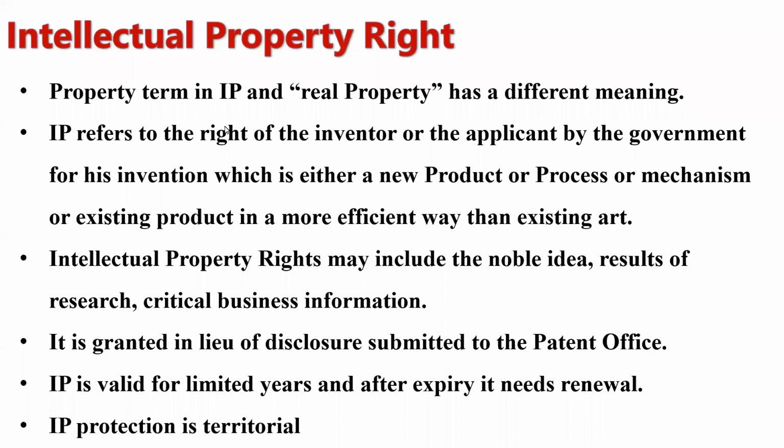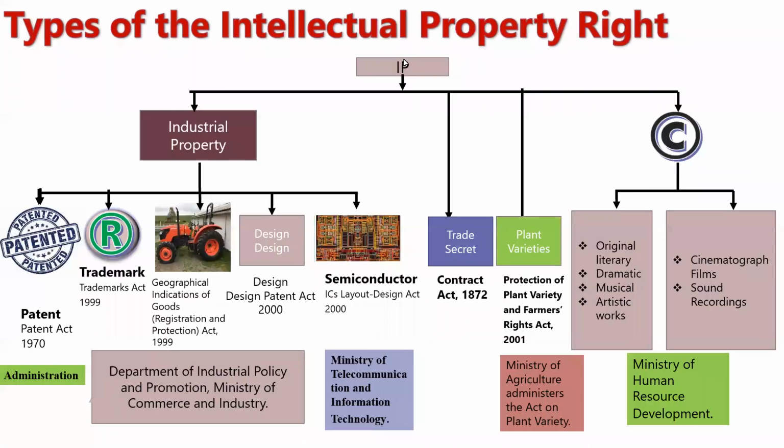So what are the types of intellectual property? I am showing you one diagram, and you can see here I divided IP into some types: industrial property, which I am further defining as patent, trademark, geographical indication of goods, design, semiconductor IC layout design, and then trade secret, plant varieties, and copyright.